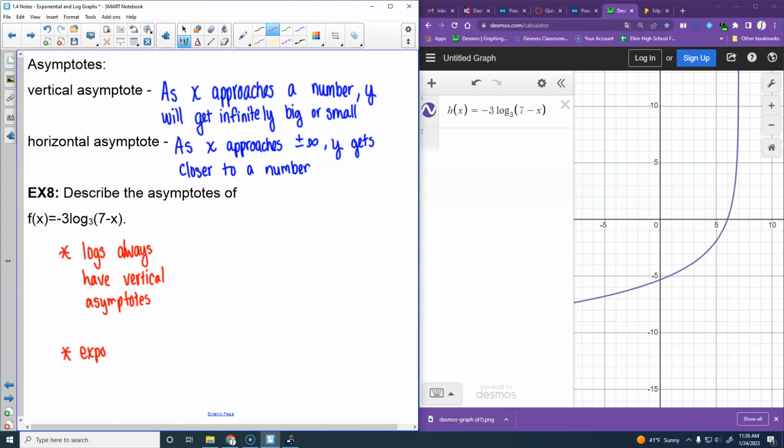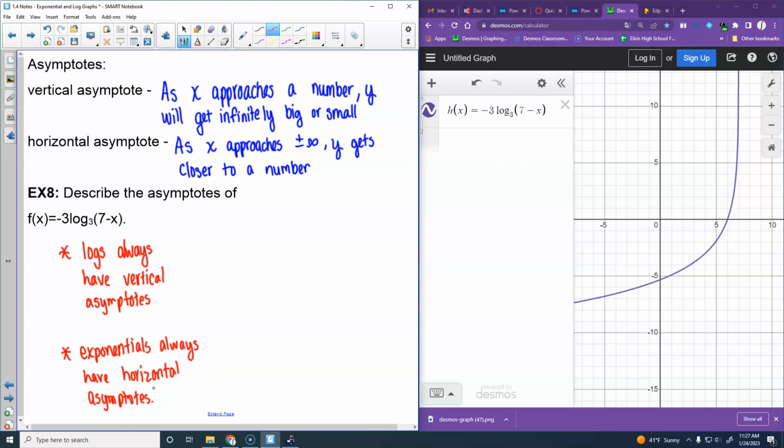Exponentials always have horizontal asymptotes. Okay? And they will not have the other. If you have a vertical asymptote, you will not have a horizontal. If you have a horizontal, you will not have a vertical, for logs and exponentials. There are some other rules for other functions. Right now we're only worried about logs and exponentials.